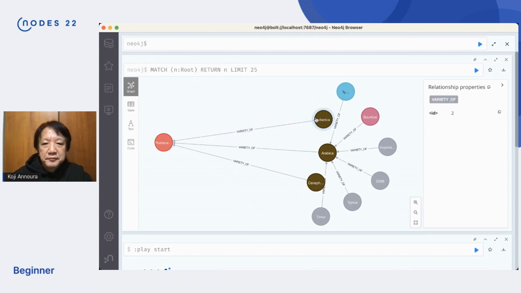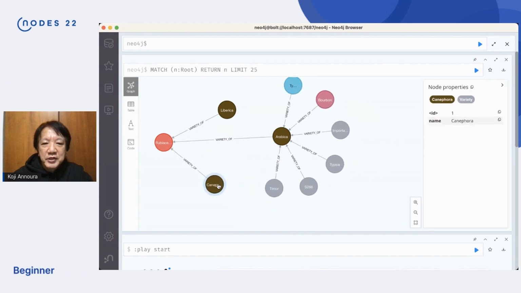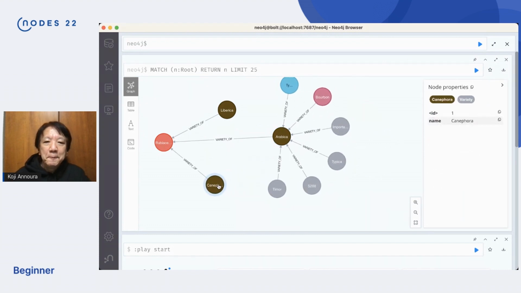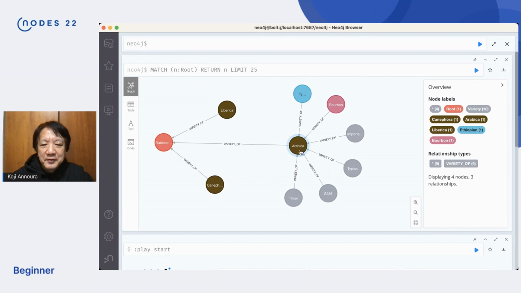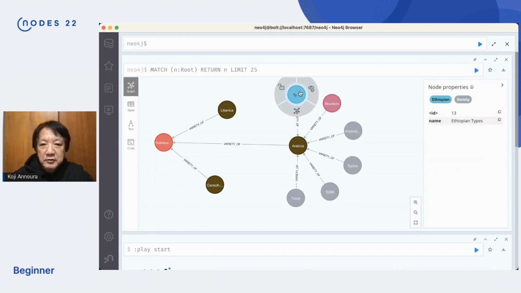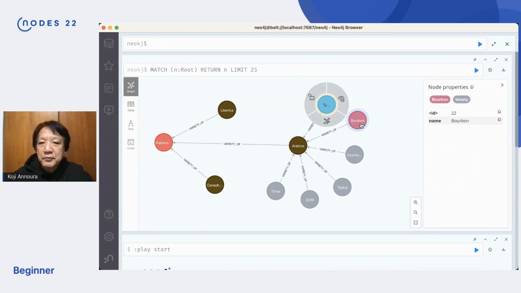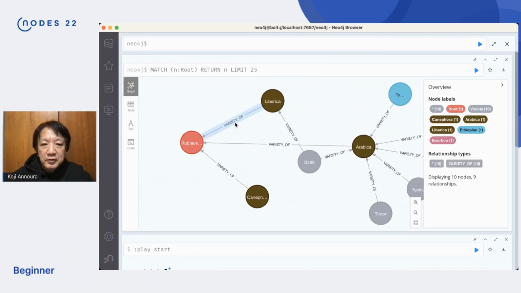And this is the history of beans. This is Arabica. Famous beans, Ethiopia is here. Bourbon is here. Next, Arabica here.